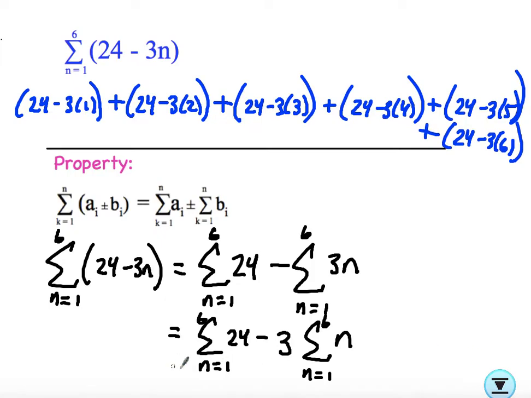Okay, so now, I'm running out of some space here, but this is going to be a constant 24 6 times, because there's 6 terms, minus 3 times, and now we're going to add up from 1 to 6 of n. So you're going to plug a 1 in for n, then a 2, then a 3, then a 4, then a 5, then a 6. Okay, so now I can do 24 times 6 minus 3 times all of this stuff added up.